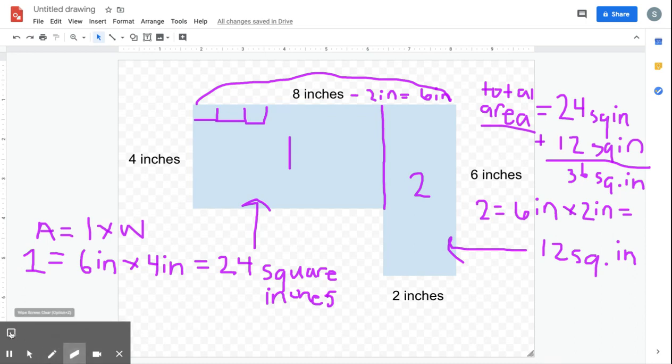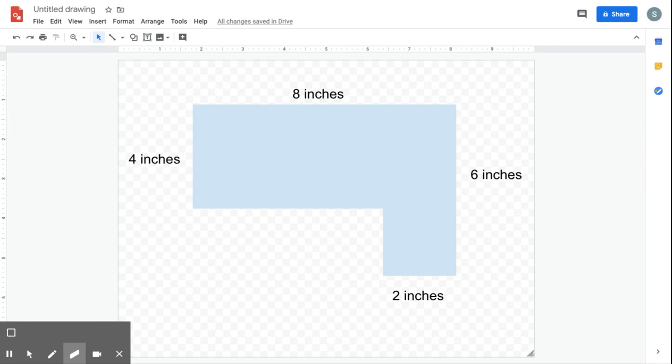All right, so let me clear off my screen because now we're going to do perimeter. So P, perimeter plus. Perimeter, again, we're adding up all of the sides. Awesome, we have this side labeled for us, this side, this side, and we have this side. But I don't know what this side is and what this side is. Can I figure that out?